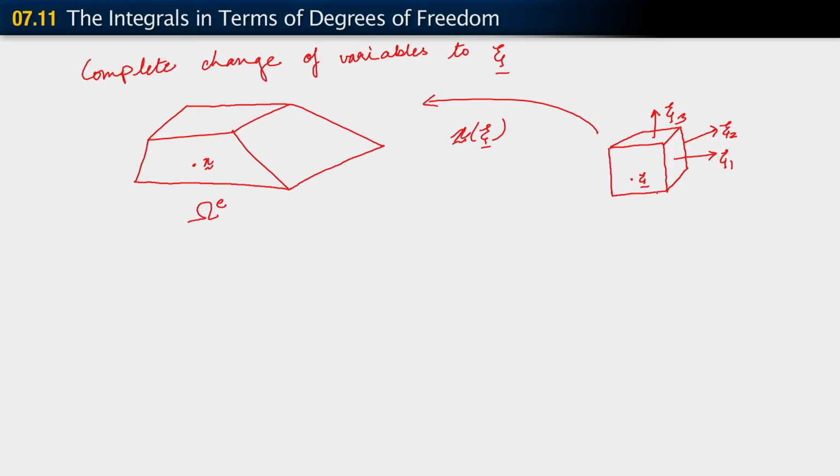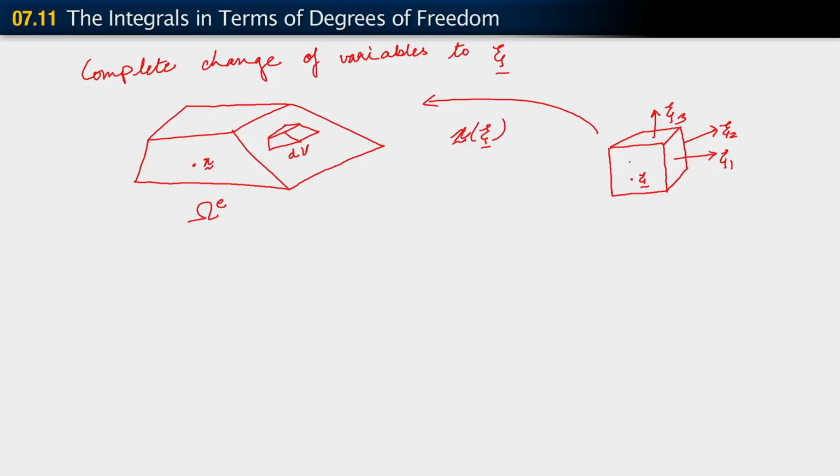What you want to think about now is how do we represent the elemental volumes? In order to do that, consider the fact that we have here an elemental volume, that's my dV.